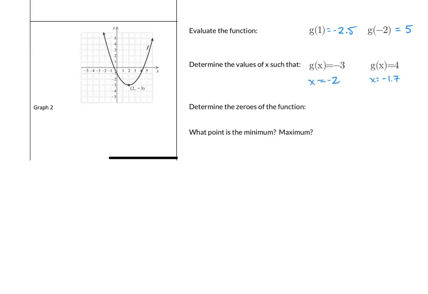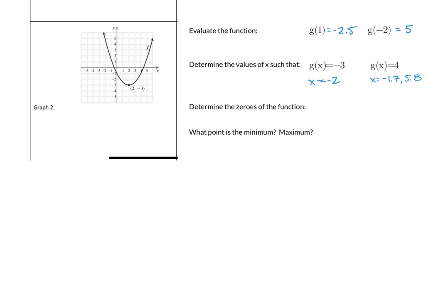If we go the other direction, we also have that it is equal to 4. Not only on this side, but it's also equal to 4 on this side. Same thing, it's not all the way to the tick mark, it's a little less. So this looks like, I'm going to say 5.8. And again, this is an estimate, so there is going to be a bit of leeway on this. All right, that takes care of our g of x. Now let's go ahead and determine the zeros.